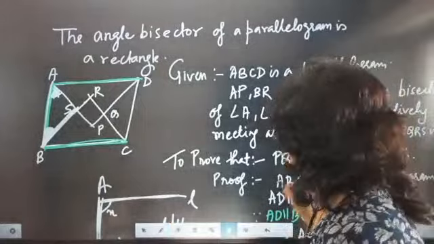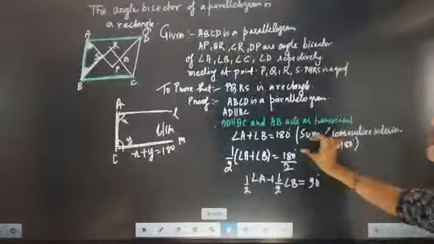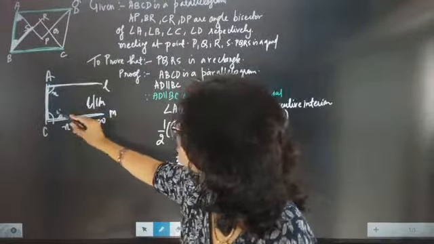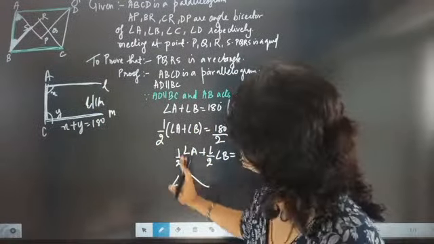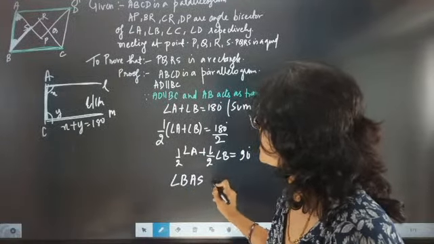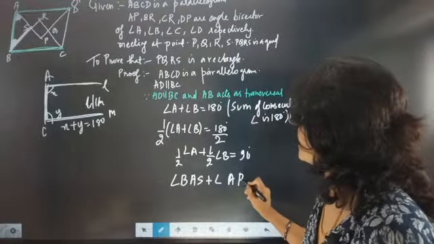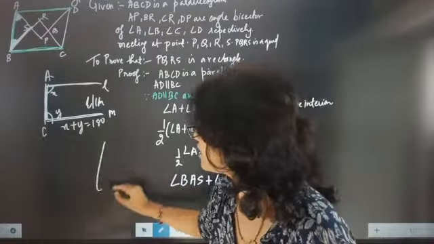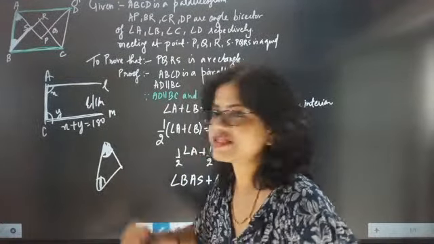Okay, so half of angle A can be written as angle BAS plus angle ABS will be equal to 90 degrees. That means these two angles' sum is coming as 90 degrees.